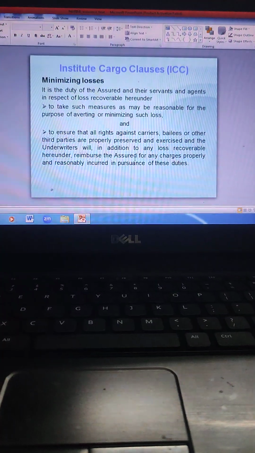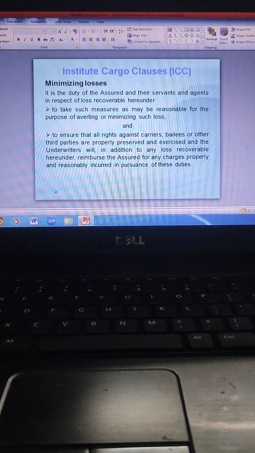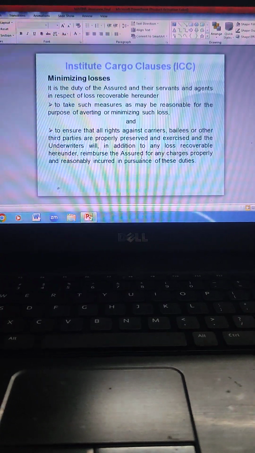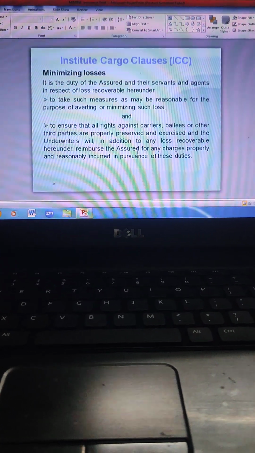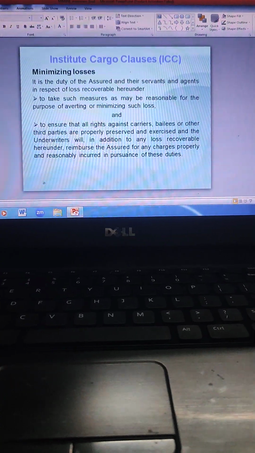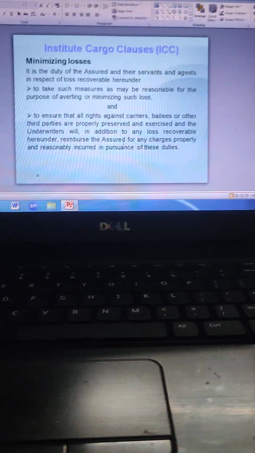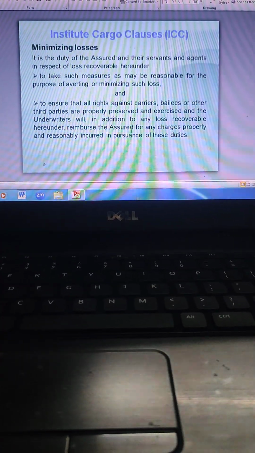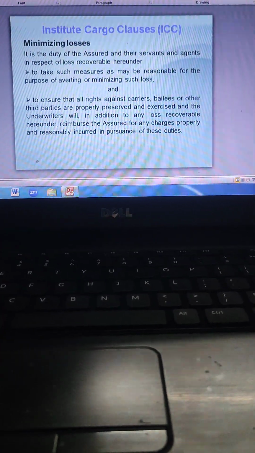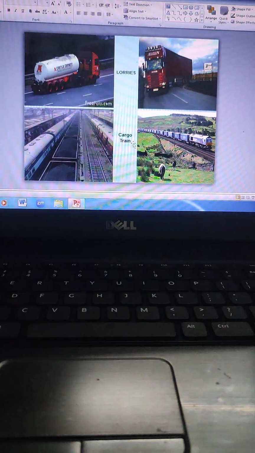The institute cargo clauses means it is the duty of assured and their servants and agents in respect of loss recoverable hereunder to take such measures as may be reasonable for the purpose of averting or minimizing such loss, and to ensure that all rights against carriers, bailees or other third parties are properly preserved and exercised.